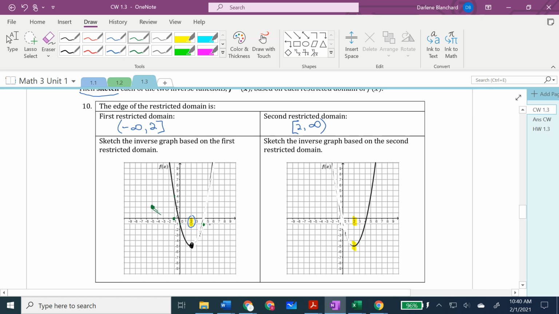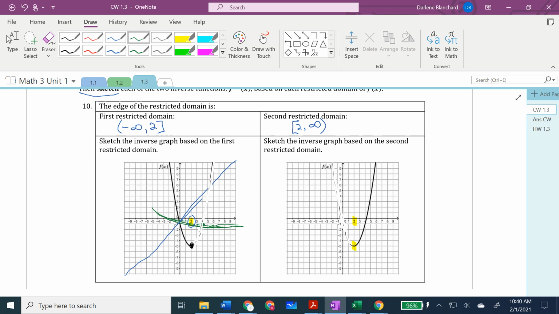Now, if you're starting to notice the pattern, you're drawing a half parabola, and you should see that it looks symmetric over the line y = x with only the restricted half.